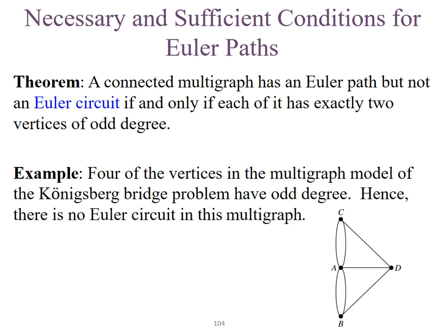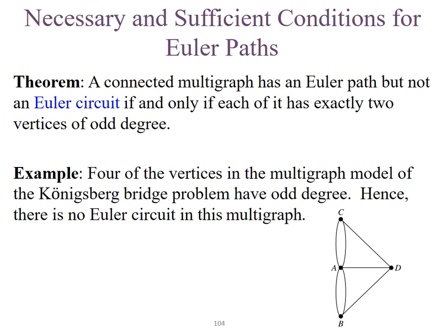By this theorem, we can solve the seven bridges problem. Once we transform the regions into vertices and the bridges into edges, we get this graph. We have A, B, C, D as vertices, and seven different edges as our bridges.